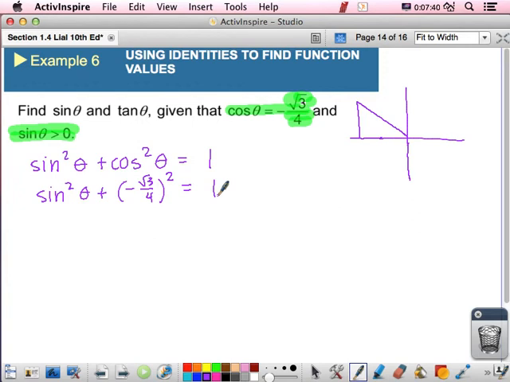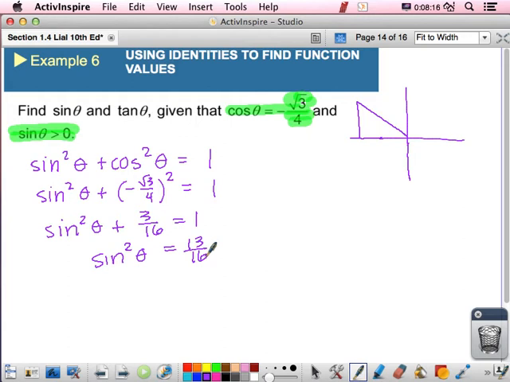So if I take the cosine out and I substitute in the number and then I square it, that gives me sine squared plus 3/16 equals 1. Then you subtract 3/16 from both sides, just like you would if you were solving an algebraic equation, and we get 13 over 16, I believe. Someone verify that. 1 minus 3/16 is 13 over 16, I think.